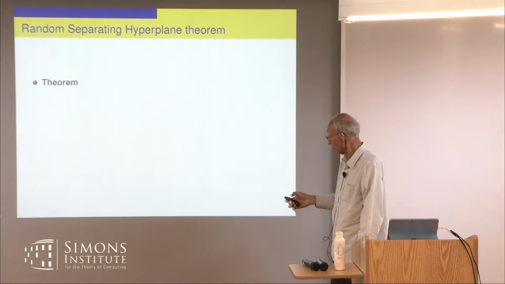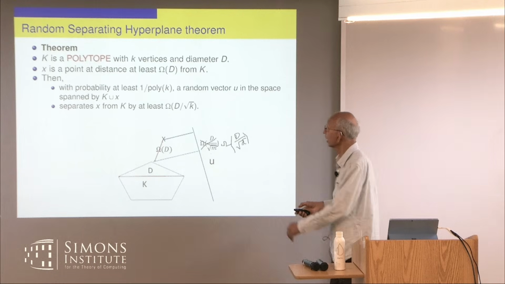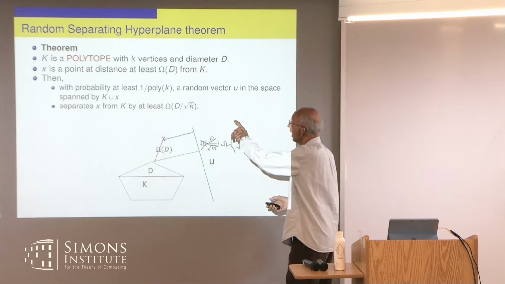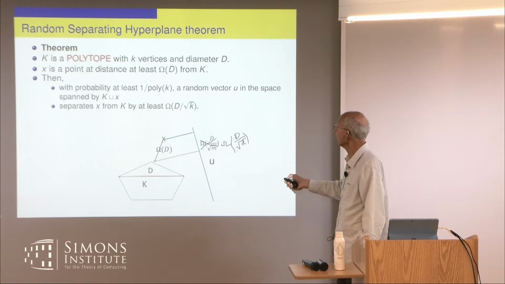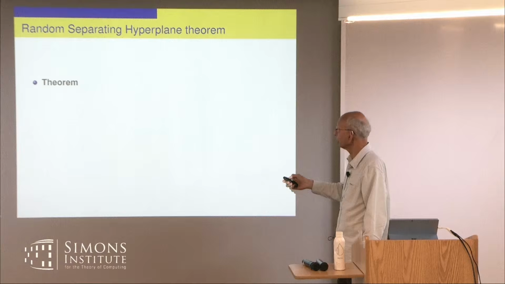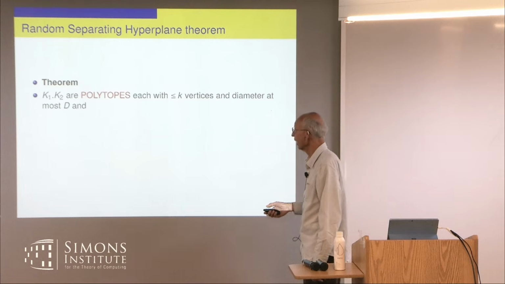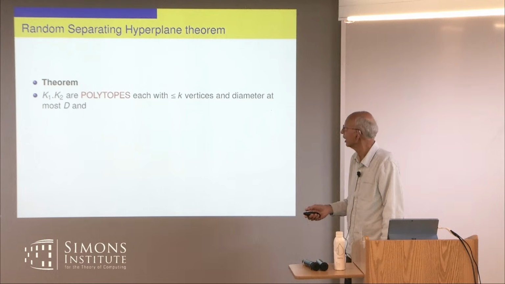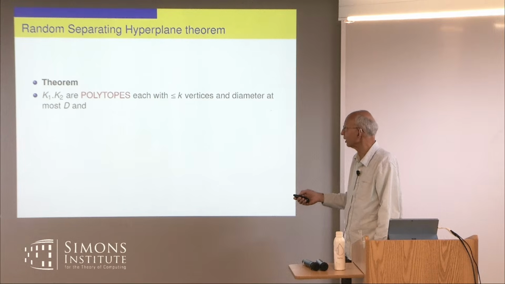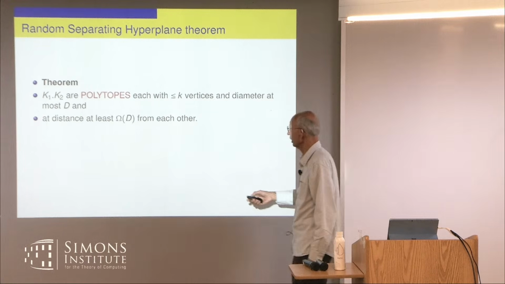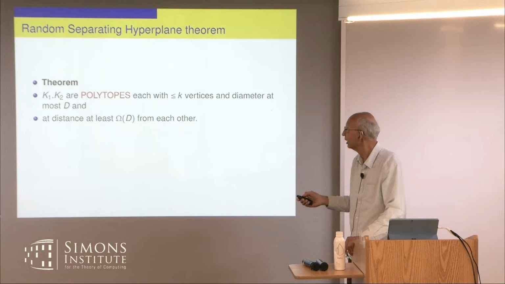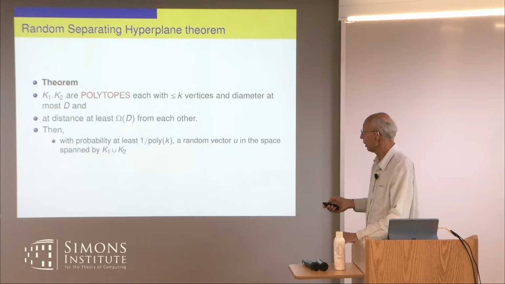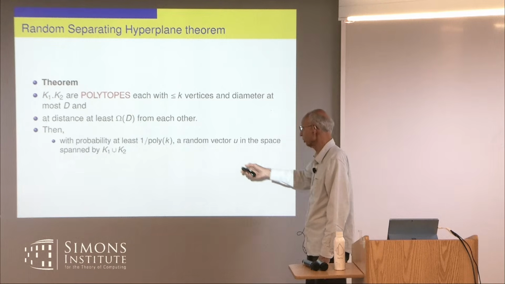Okay, so let's see. This theorem said if x is a point at distance this, then it's separated. A more general theorem is true: if K1, K2 are two polytopes, each with k vertices and diameter d, and the polytopes are separated by a distance Omega of d, then with probability at least the same, the same conclusion holds.